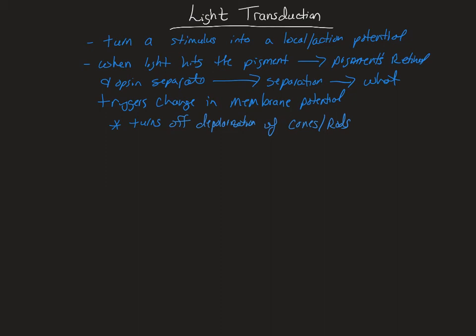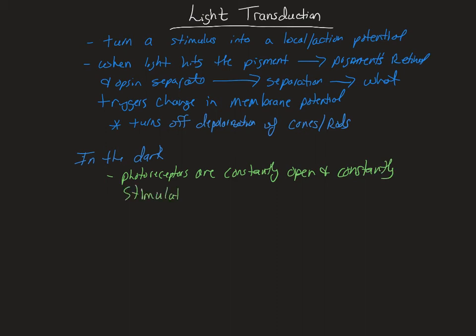So let's continue on with this pathway of counterintuitiveness. So in the dark, all right, what you've got going on is the photoreceptors are constantly open. They're constantly open and constantly stimulating their adjacent bipolar cell, okay?